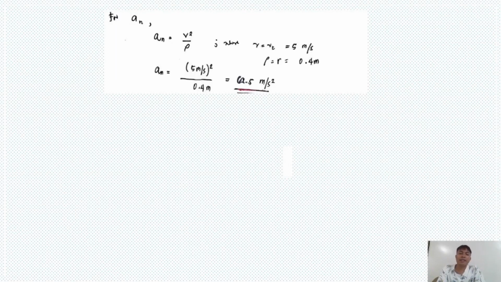For the acceleration in the normal direction, An is equal to V square over rho, where V is equal to Vt, 5 meters per second as calculated earlier, and the radius rho is 0.4 meter. So An is 5 squared over 0.4, which gives 62.5 meters per second squared.